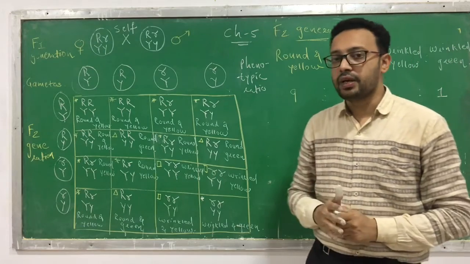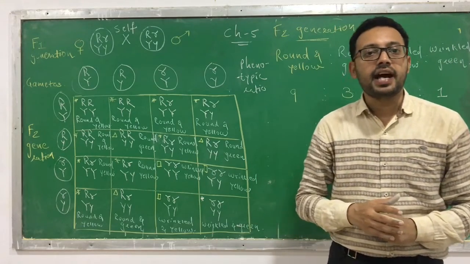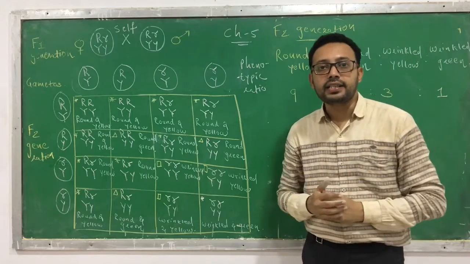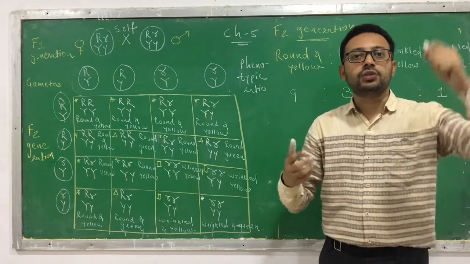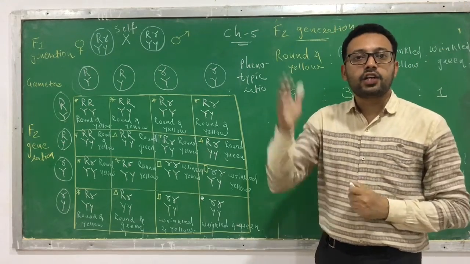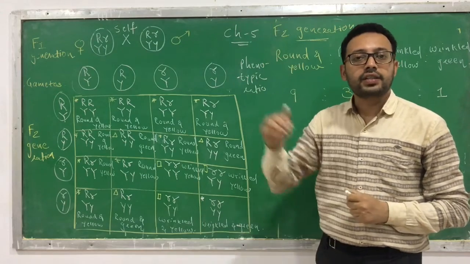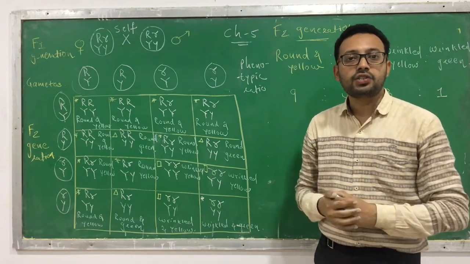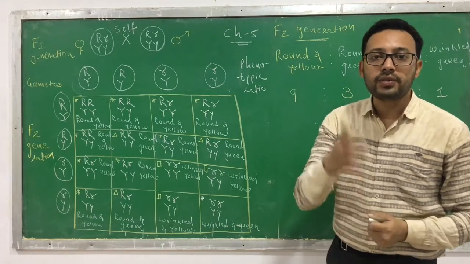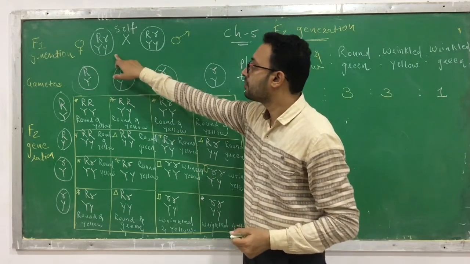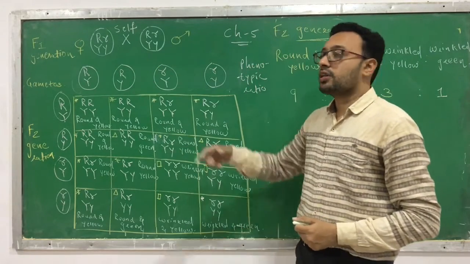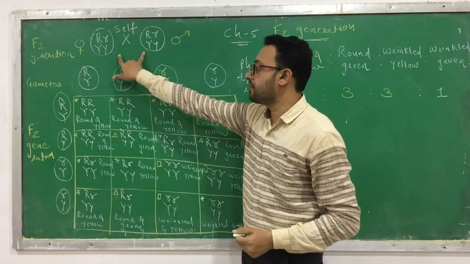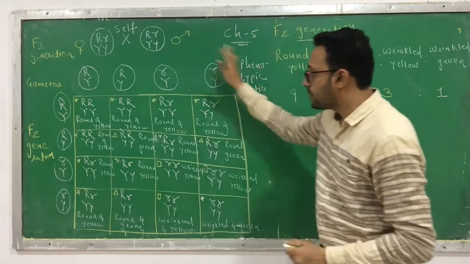I again just revised what Mendel has done in a dihybrid experiment, or inheritance of 2 genes. First he took the round and yellow parent and crossed it with the wrinkled and green. In the first generation, all the plants obtained are round and yellow with this genotype. Now he self-crossed this F1 generation, so he got this F2 generation.